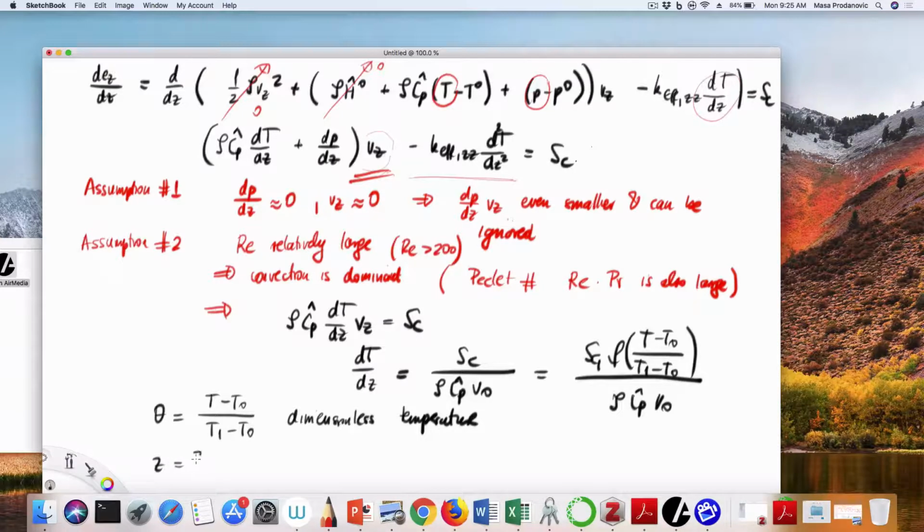And my Z is Z divided by L. Or Z, this is uppercase; I'm just going to call it Z tilde because there's no way in my handwriting to tell the difference between the two.